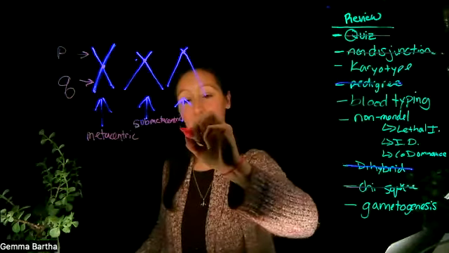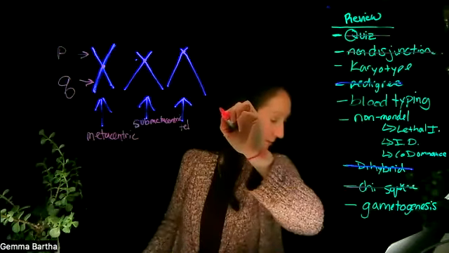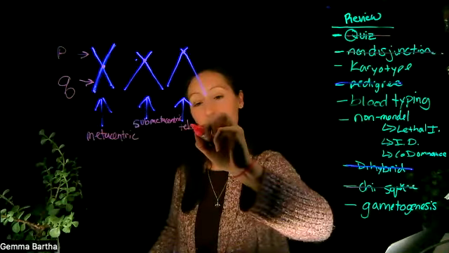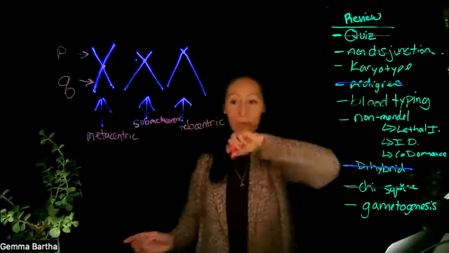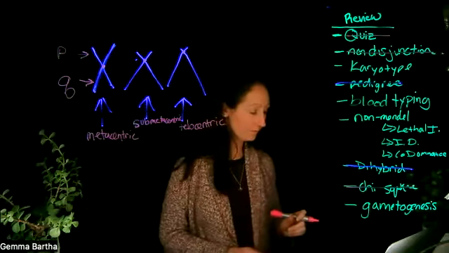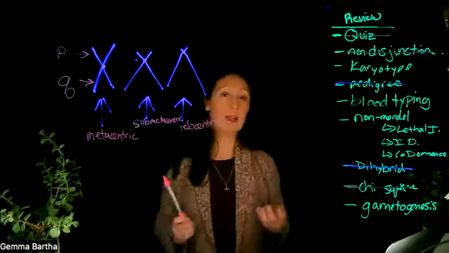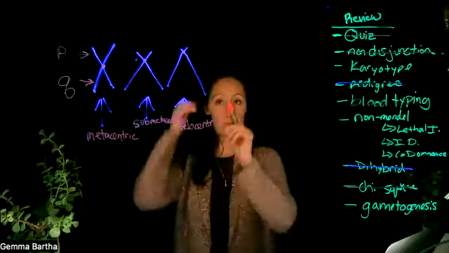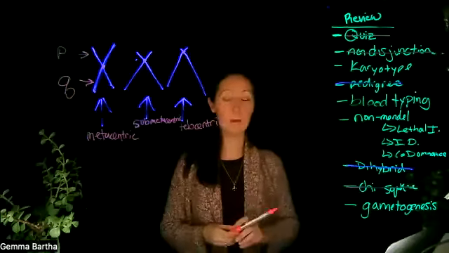Telocentric. I can look up the spelling. Okay. There is a fourth, acrocentric. It's only in mice. Don't worry about it. Just remember these. And it's the P arm that is getting shorter.